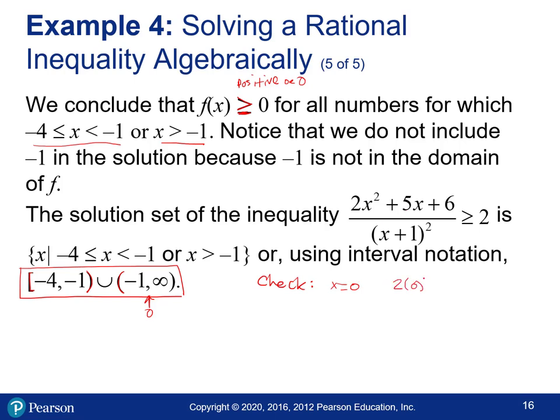That's 2 times 0 squared plus 5 times 0 plus 6 over 0 plus 1 quantity squared. So on top, that's going to be 6. On bottom, that's going to be 1. And so 6 is greater than or equal to 2. So that works, proving that we did in fact find the right intervals, and when we pick numbers from those intervals, they will satisfy this inequality.